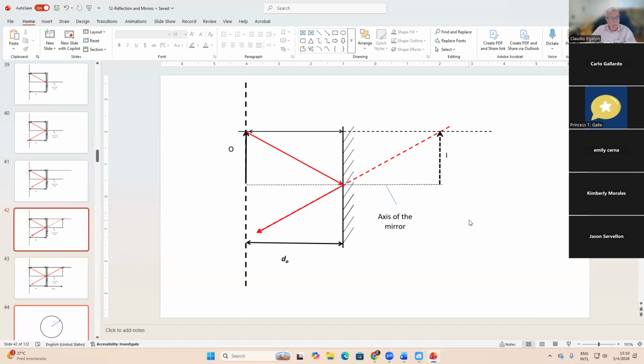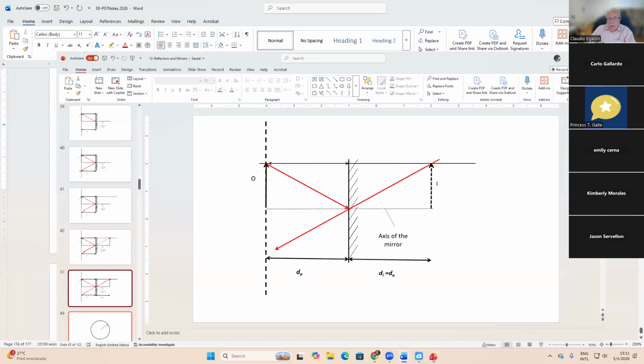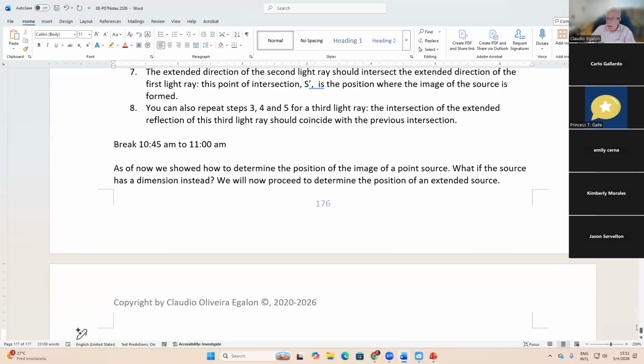You can find out because those triangles are similar. This distance di is going to be equal to the distance d naught. And then we can go ahead and write it down here.